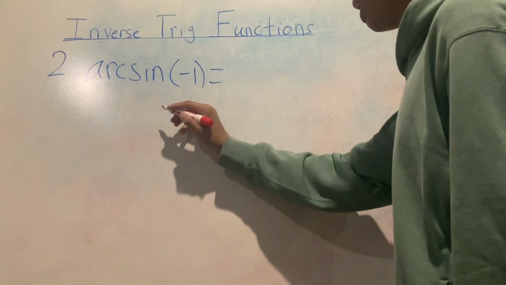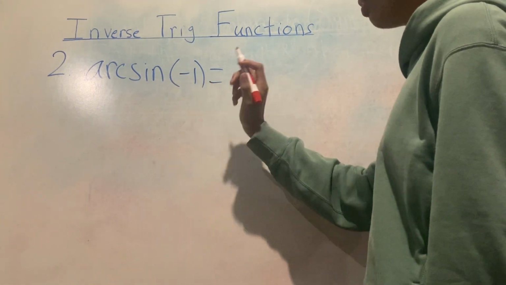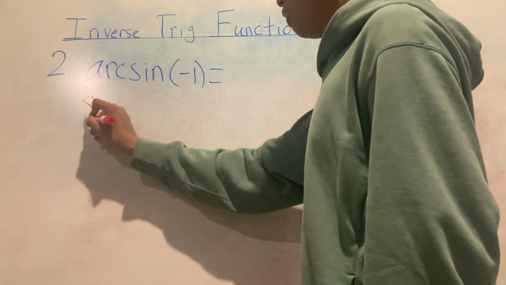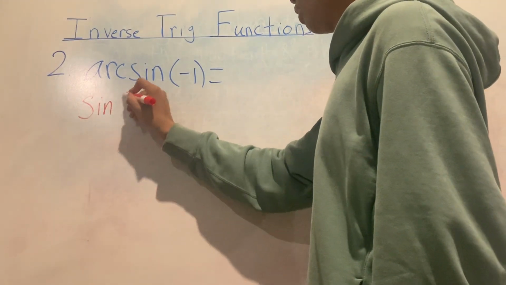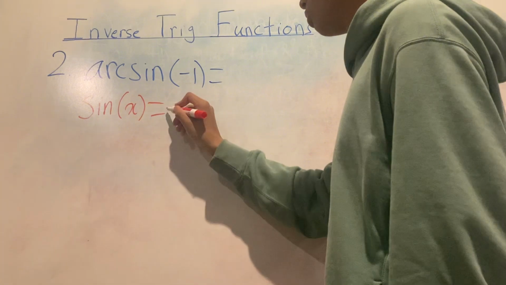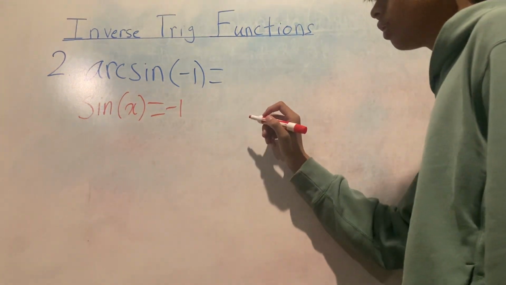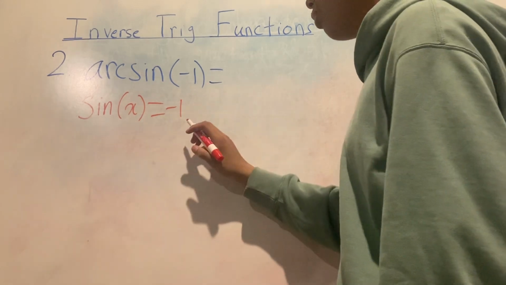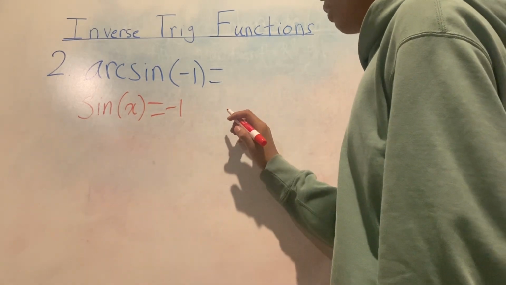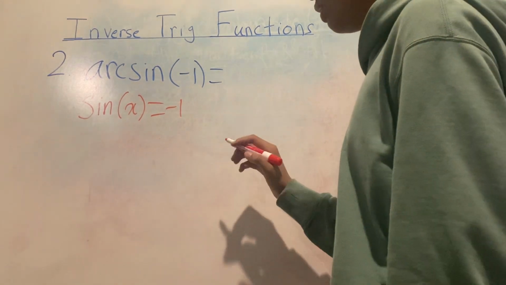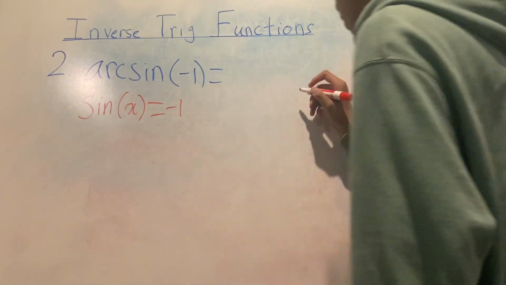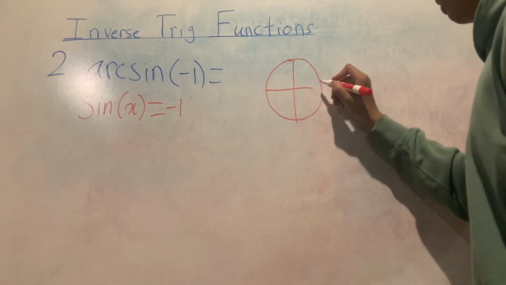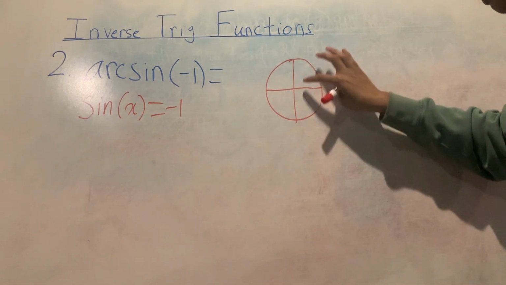Okay, number 2 we have arc sine of -1 equals what? Let's do the same thing: sine of x equals -1. On the unit circle, this is asking what angle has a sine equal to -1. There's only one, which is at 270 degrees, but we can't say 270 degrees because arc sine only exists in this quadrant and this quadrant.